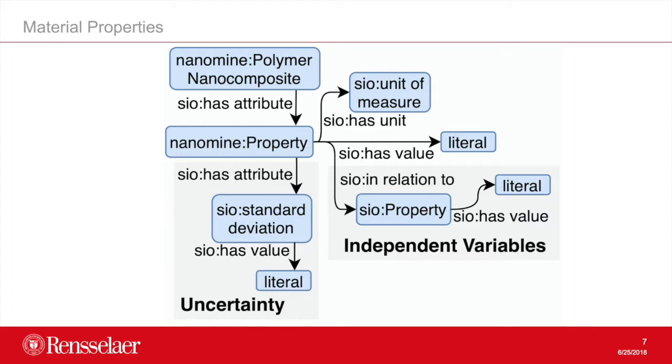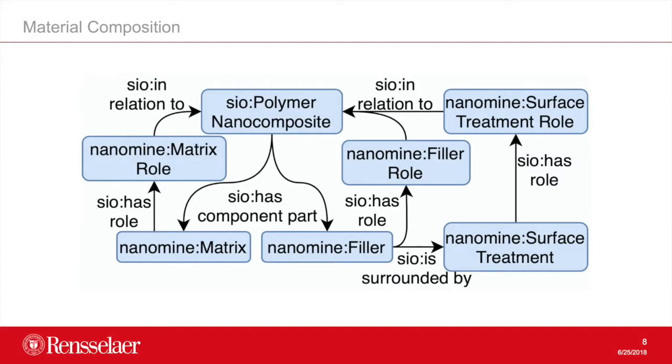And we provide the ability to express the unit of measure, the fact that these might be dependent variables in relation to other measurements, or have uncertainty ranges. This allows us to express a lot of information that had been expressed in many different ways across the XML files.